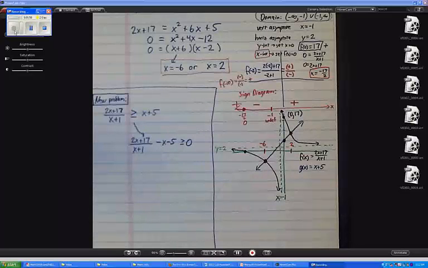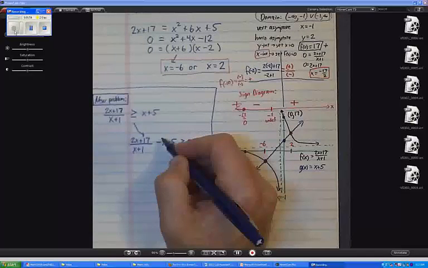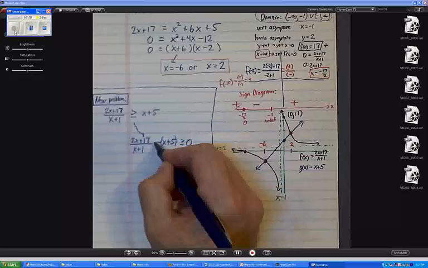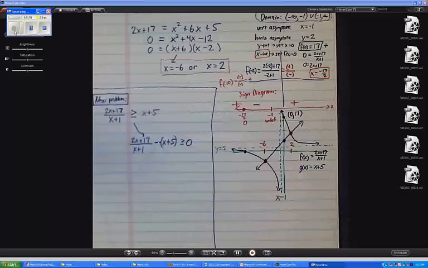Or maybe an even better way to do it, let's write it this way. Minus parentheses x plus 5. I subtracted the x plus 5 from both sides. Do you guys follow?